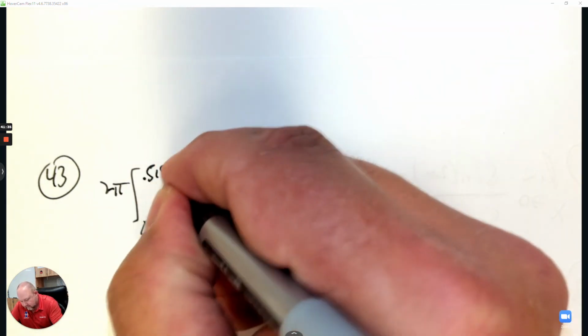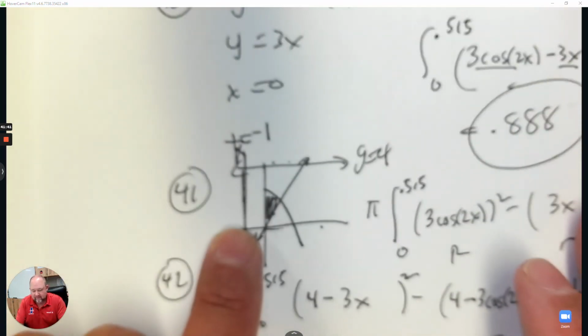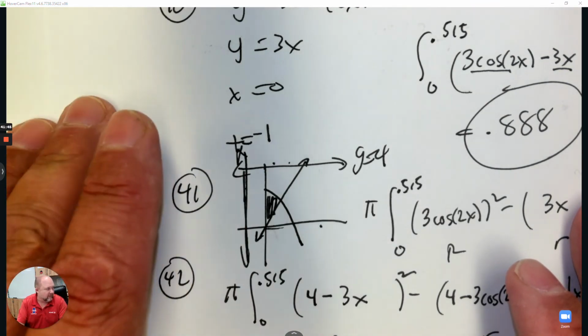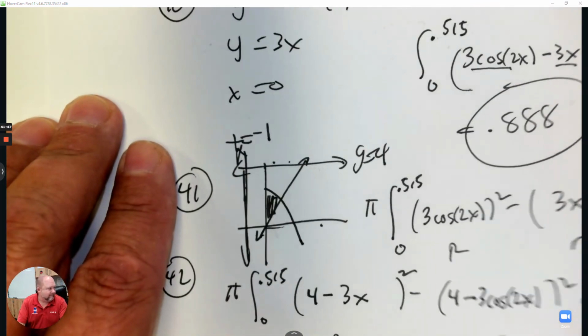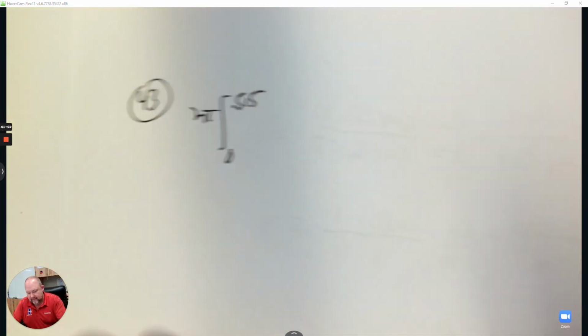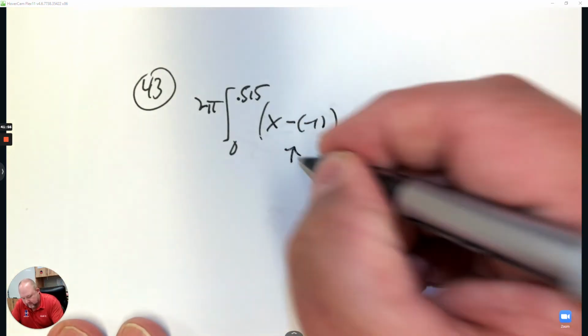The radius is right subtract left. So because it's to the left, we have to go x subtract -1, or x plus 1 if you like. That's what the radius is.